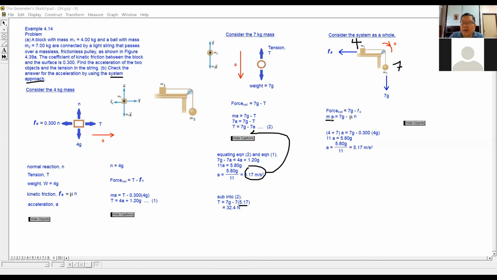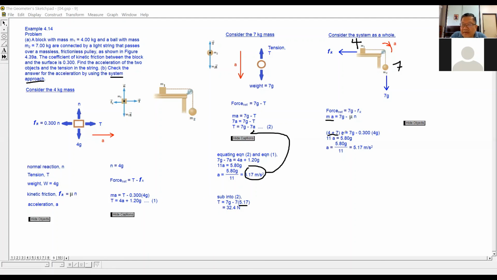So if you look at the equation, net force is 7g minus the kinetic friction. Net force is ma, 7g is the weight of the object, and mu n is the frictional force. As I've said earlier, if you look at the system as a whole, the mass is not 7 nor 4, but it is 11.